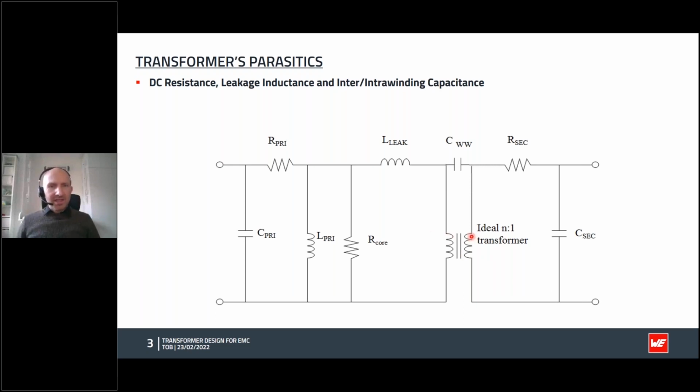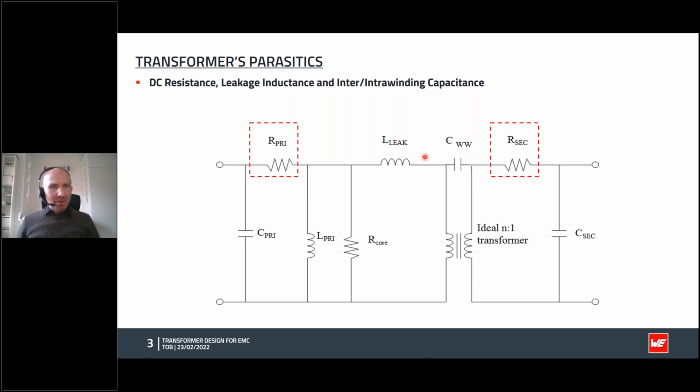But unfortunately, the world we live in is far from ideal. And I think everyone knows that, not just engineers. As engineers, we need to take precautions, and we need to understand what the parasitic elements are and the impact that they have on our circuit and, in this particular case, on the EMI.